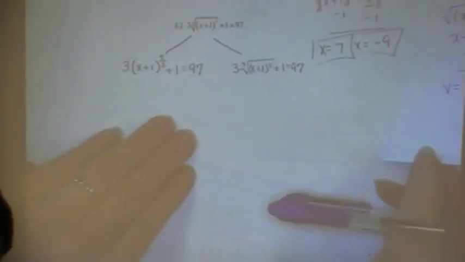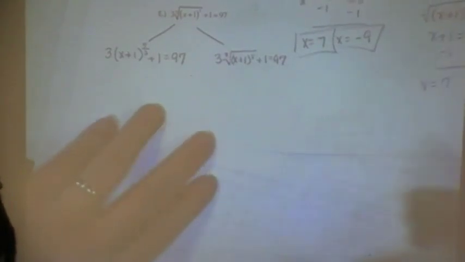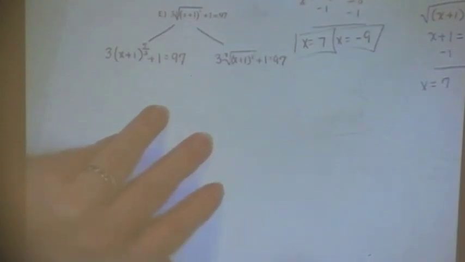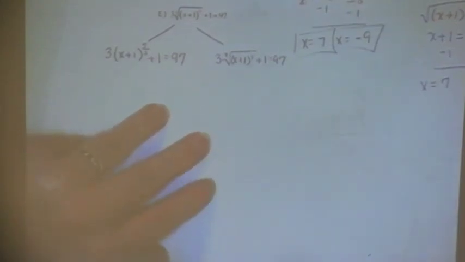Alright, so let's solve it the radical way first. You need to isolate the radical. So this time I have 2 things I need to do before the radical is isolated. So first I'll subtract 1.